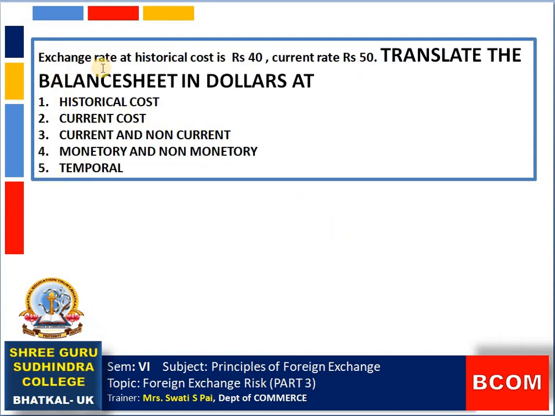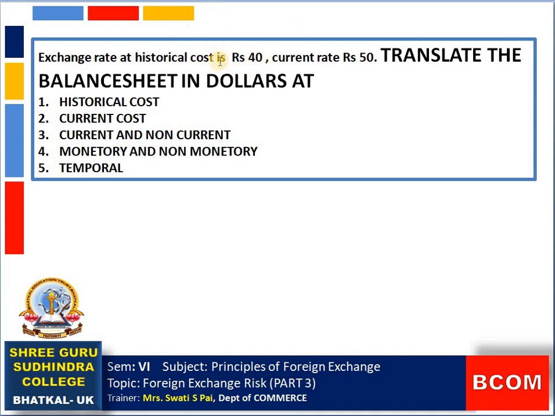See here, exchange rate at historical cost is rupees 40 and current rate is rupees 50. Translate the balance sheet in dollars, they have given you. At historical cost, current and non-current, monetary and non-monetary, temporal. So what is this historical cost? As I told you, historical cost refers to the exchange rate values in the beginning.